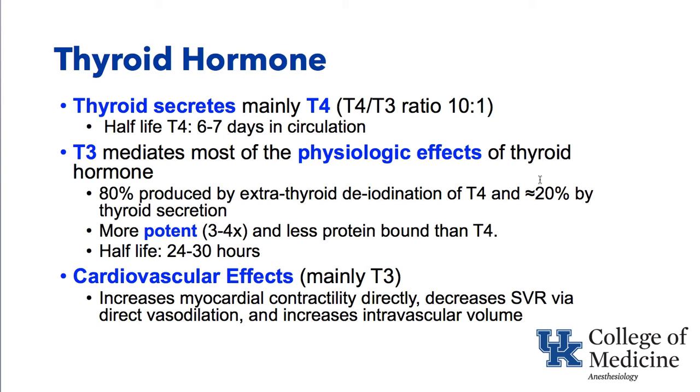The cardiovascular effects of thyroid hormone will be shown better graphically in the next slide, but simplistically, it's mainly T3 that has the effect on the cardiovascular system of increasing heart contractility, vasodilating, and resulting eventually in increased intravascular volume.